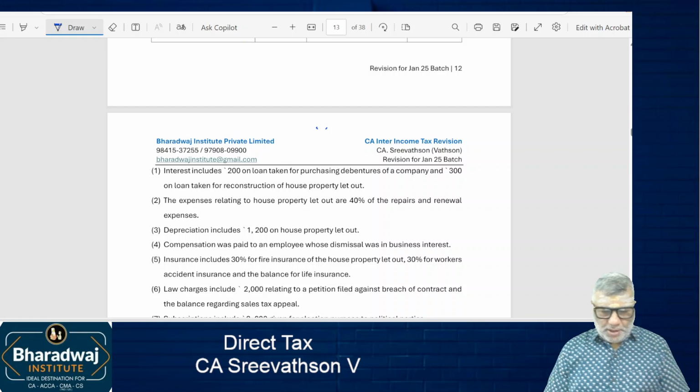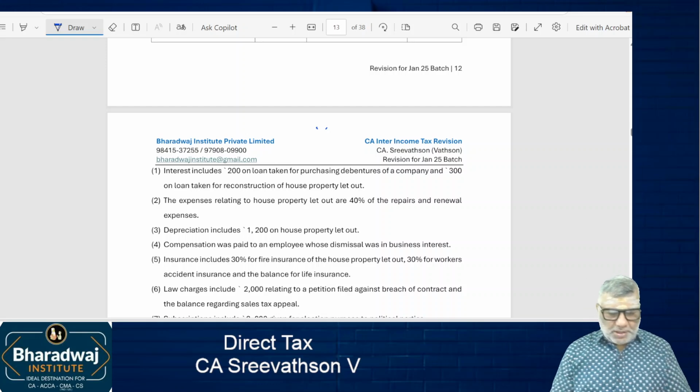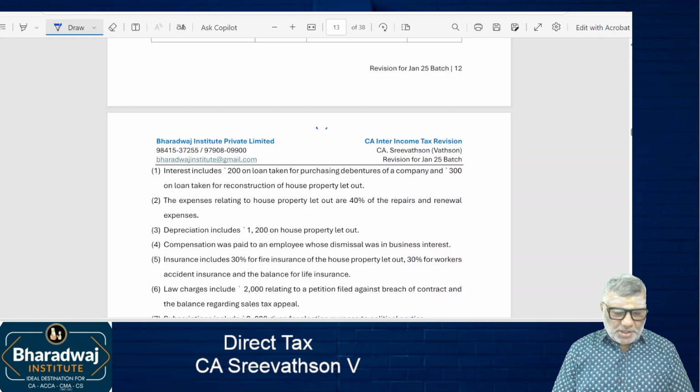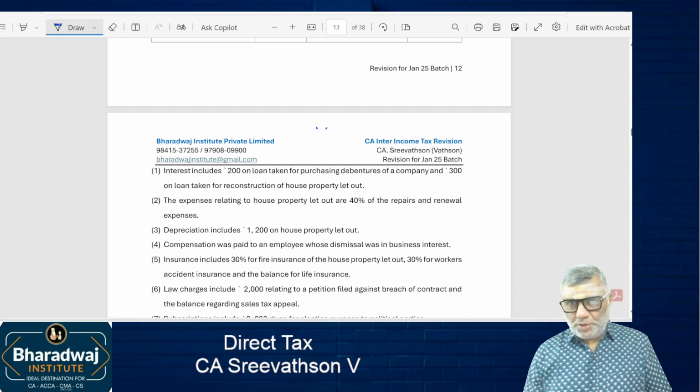Insurance includes 30% fire insurance of the house property, 30% workers' accident insurance, and balance life insurance.